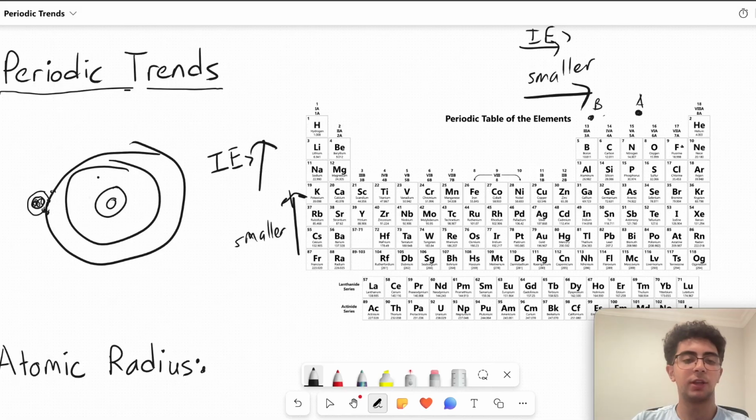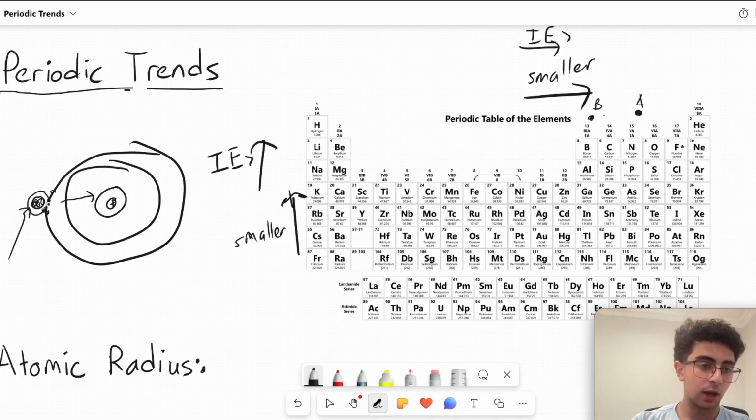But what's really happening is this nucleus with positive charge, sure, it's pulling the electrons a little bit here, but look how much closer this positive charge is to the shared electrons. This positive charge is right next to the shared electrons. So this positive charge is going to attract the shared electrons very strongly.